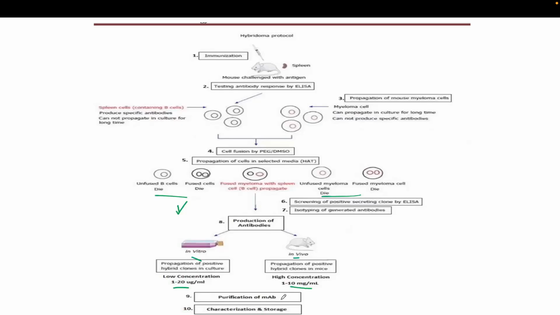So for isolation of monoclonal antibody, you have to tag your antibody with a certain kind of tag, like His tag and GST tag. Then you have to do protein purification, you have to purify your antibody through the column, and then characterize it and store it.